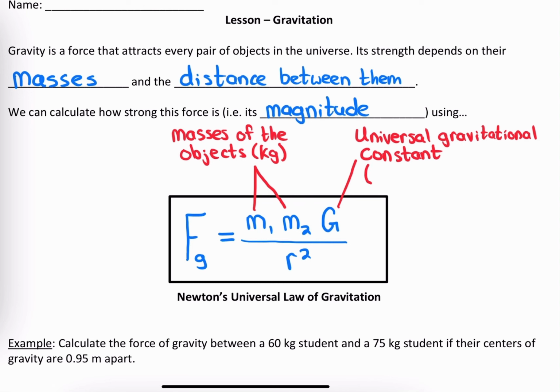It is 6.67 times 10 to the negative 11 Newton meters squared per kilogram squared. That's another way you can write these units as well, but that way is sort of sufficient for us today.